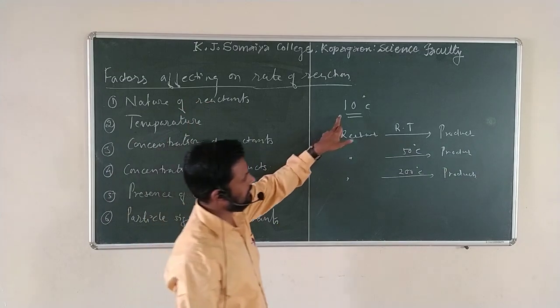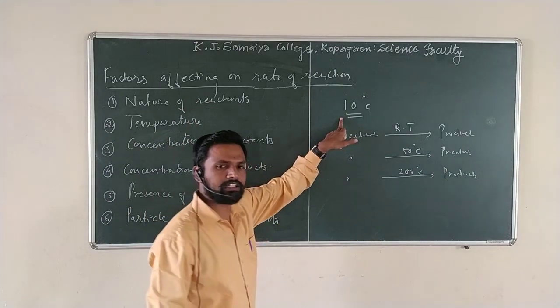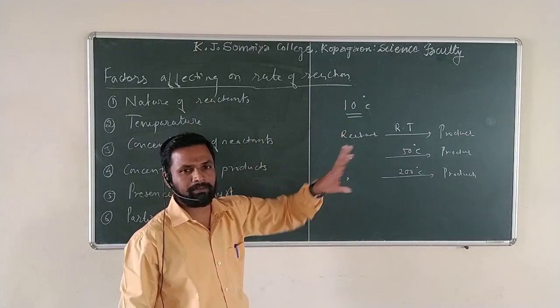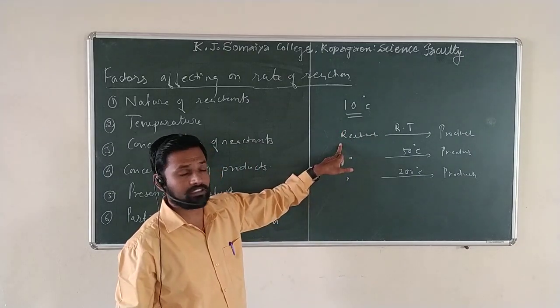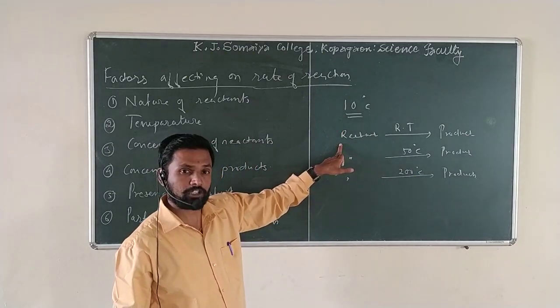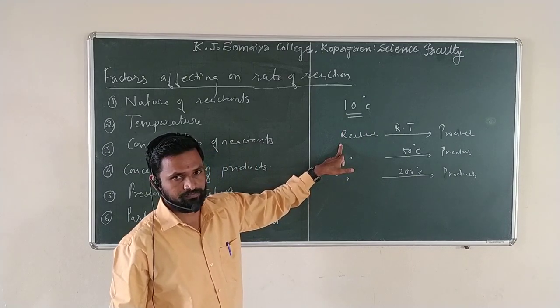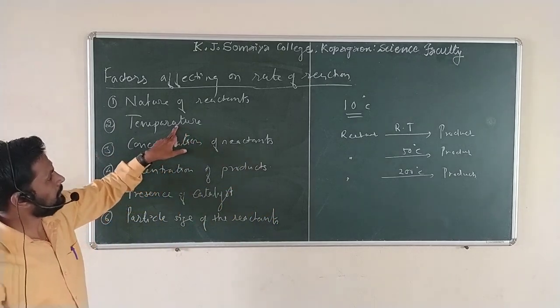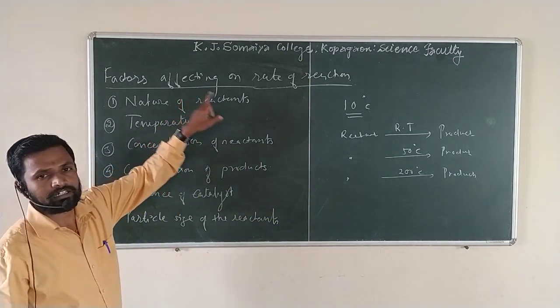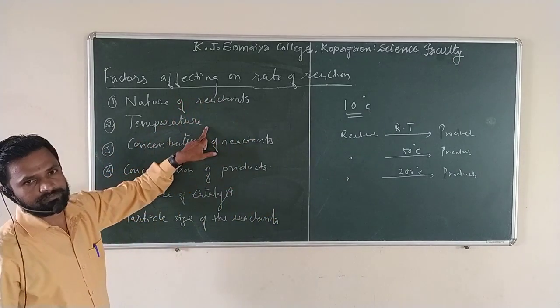It is observed that when you raise the temperature by 10 degrees for a certain chemical reaction, the rate of reaction or rate constant increases approximately double. Therefore, the rate of a reaction is dependent on temperature. Definitely it will affect.